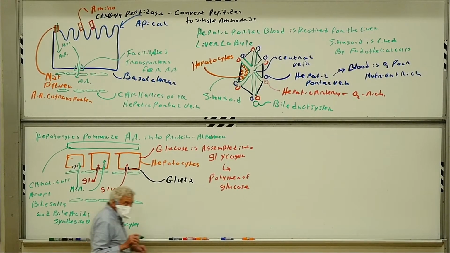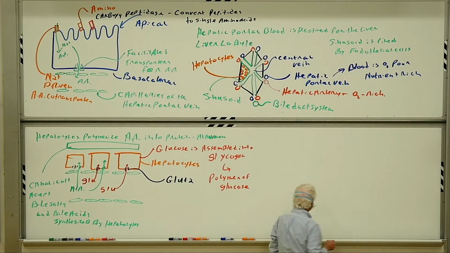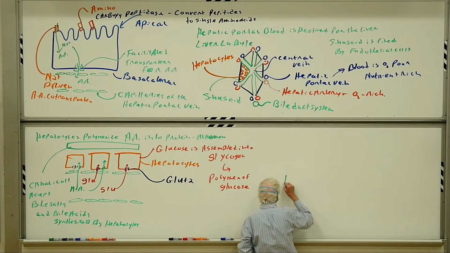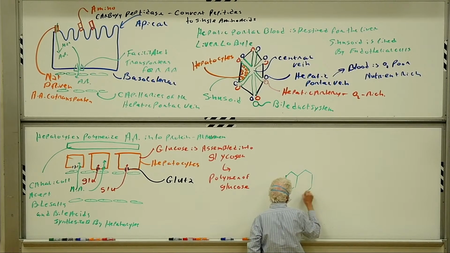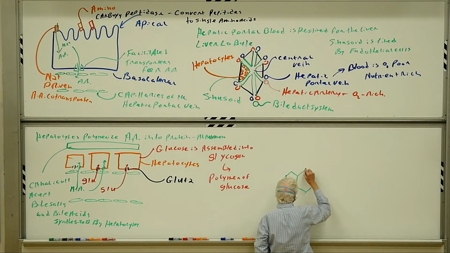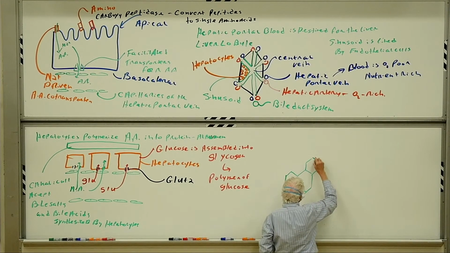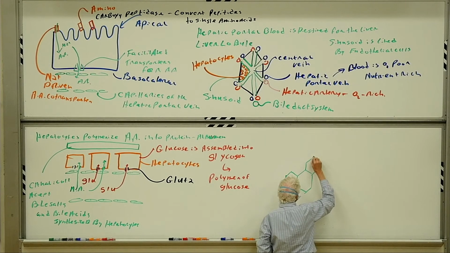The bile salts and bile acids have this interesting structure. They're based on cholesterol. So there's this 6-membered ring, another 6-membered ring, another 6-membered ring up here. And then out here on the there's a 5-membered ring.